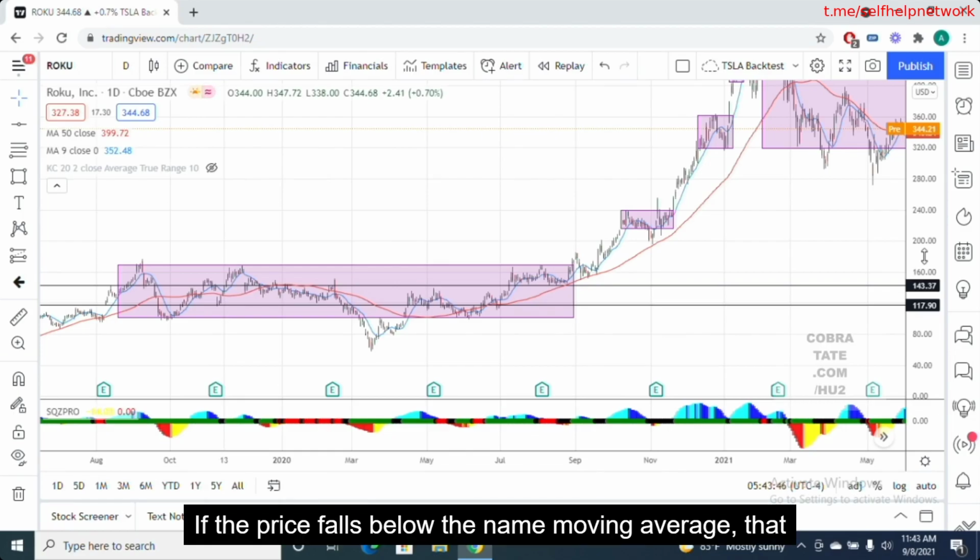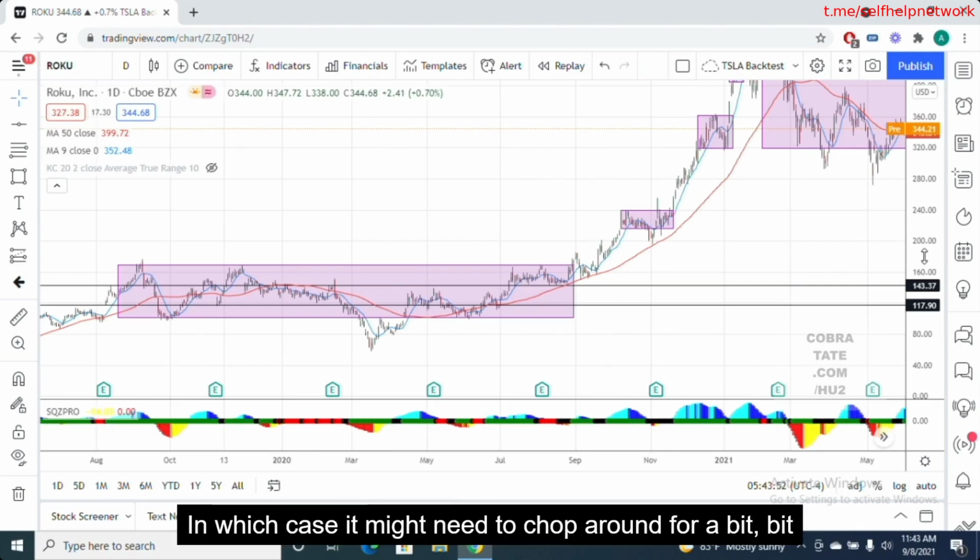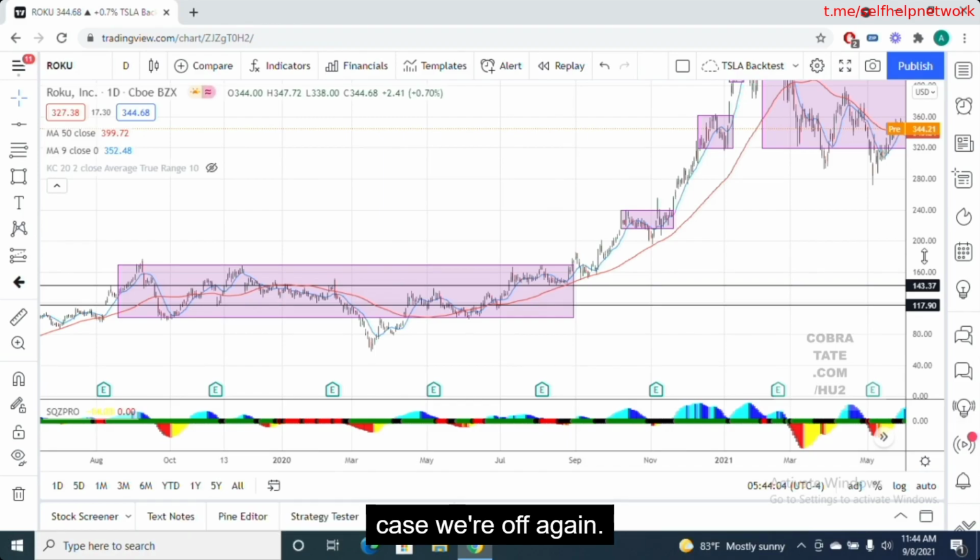If the price falls below the 9 moving average, that means the short-term momentum is dying down, in which case it might need to chop around for a bit, consolidate again, and then go higher, or it recovers the 9-day moving average within a day or two, and in that case we are off again. So that's how I use them as filters.